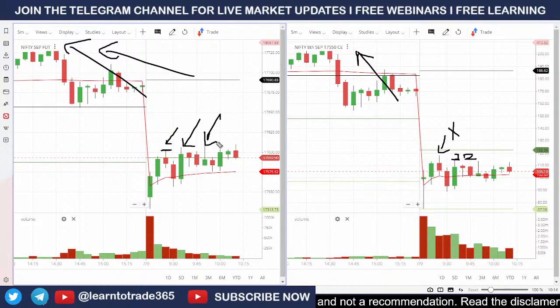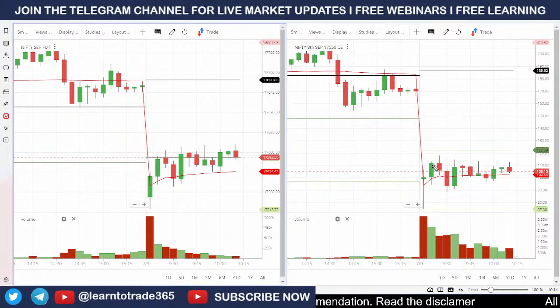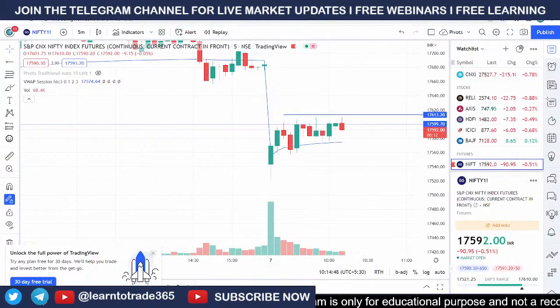The third time there was one more high made in the future, the option price has not even crossed this level. Can you see this small decay on the premiums, again and again? So this is what is called decay. This could be seen, 2 to 3 points of decay, which is clearly visible at the current stage of Nifty.